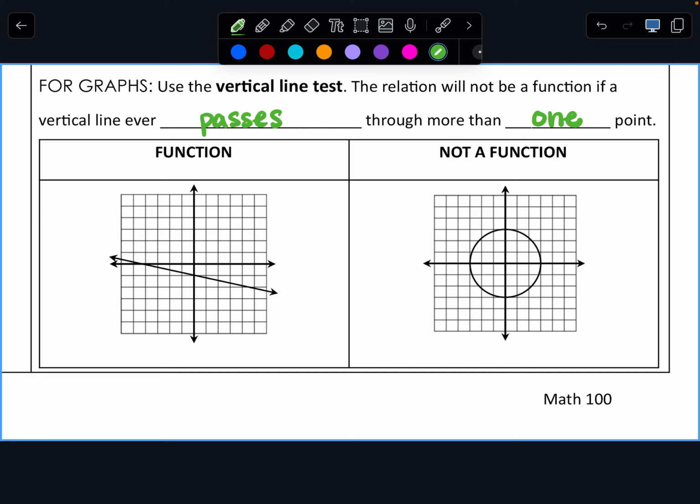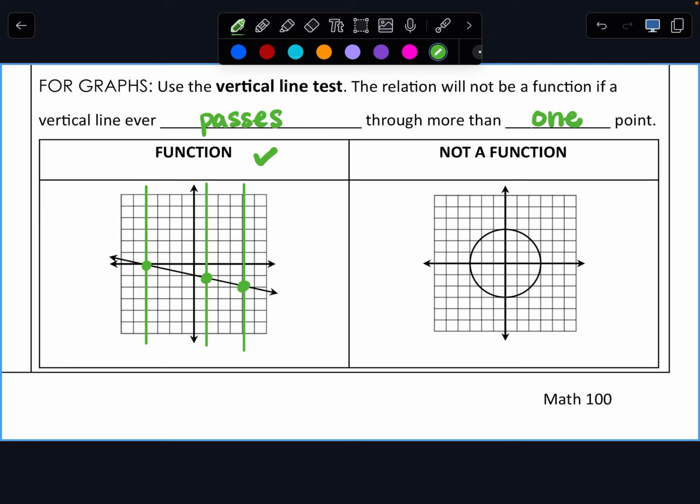So let's look at the function on the left. It's just a diagonal line. So I am going to just draw some vertical lines, and I should be able to draw this vertical line anywhere, and it's only going to cross the graph one time. So you can see each vertical line is only passing that graph once. So this is a function.